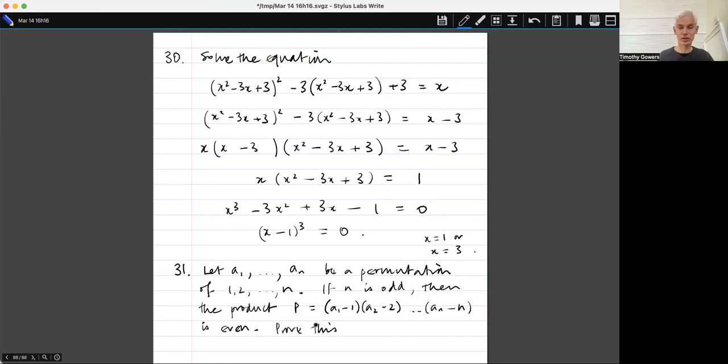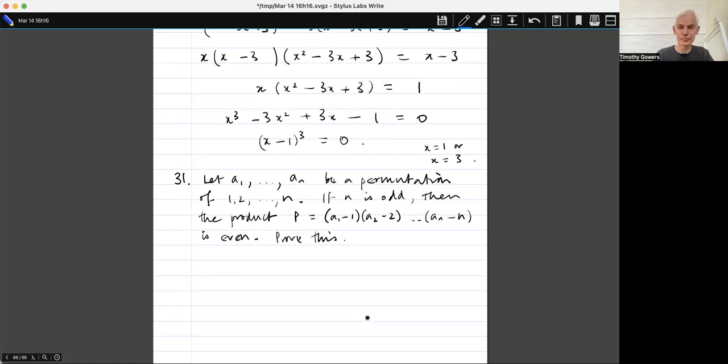Now why, okay, I may be wrong about that actually. But the sum of ai minus i, let's just see whether this works. The sum from i equals 1 to n equals 0, because that's just a permutation. Why am I going to use the fact that n is odd?